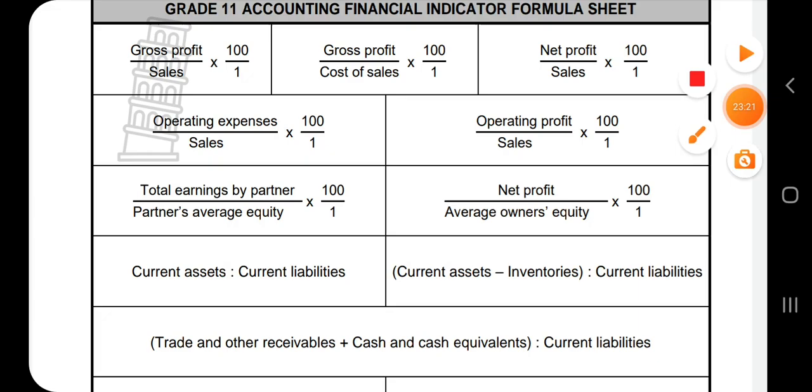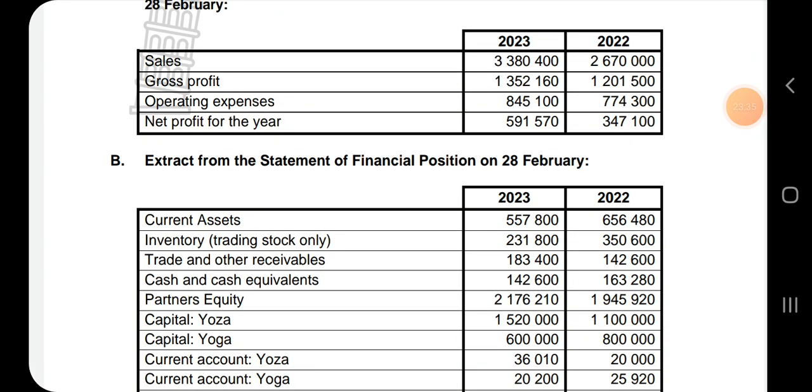Here is the total earnings by partners, over partners average equity, times 100 over 1. You're going to write it like this, not the way I have written it.